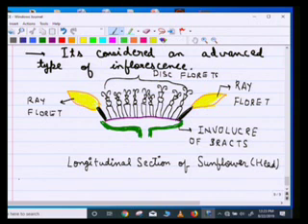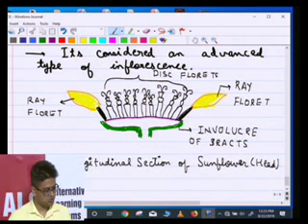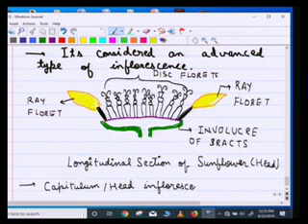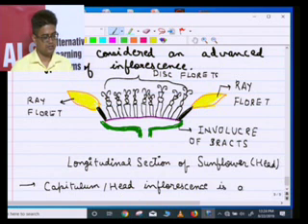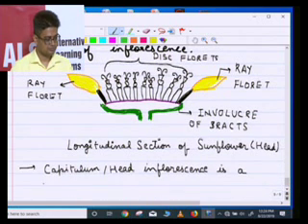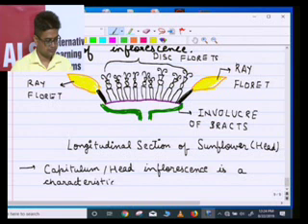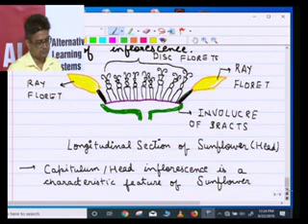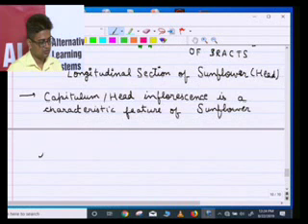You can say capitulum or head inflorescence is a characteristic feature of the sunflower family.